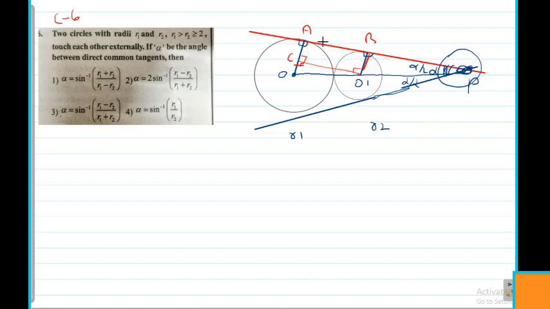O dash B is R1, AO is R2, BO dash should be equal to AC, equal to R1. Automatically CO is how much, Nana? AO minus AC. AO means R2, AC means R1. So here we got the difference.